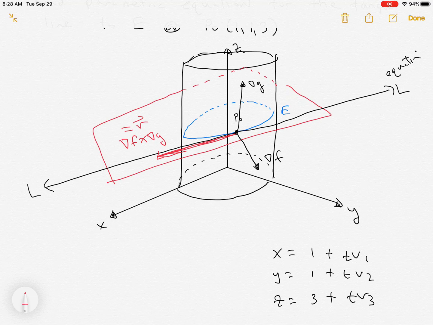And so you do the cross product. So you go del F cross del G, and you do your matrix after you find del F and del G, and you wind up with 2i minus 2j minus 2k. So this becomes 2, minus 2, and minus 2.